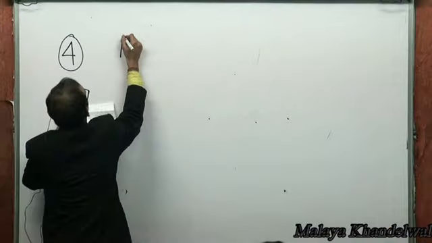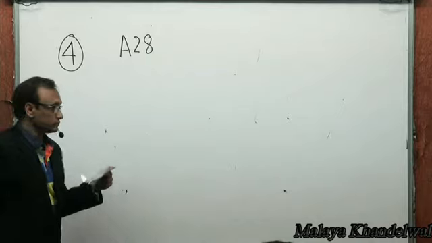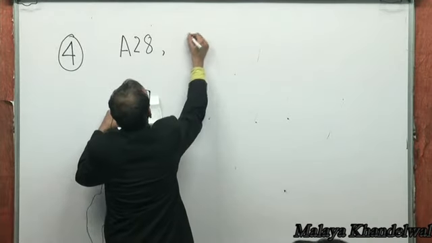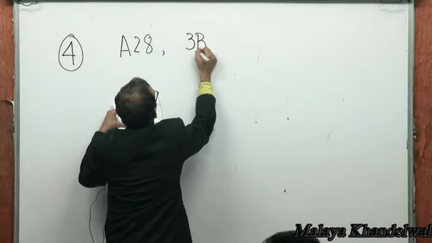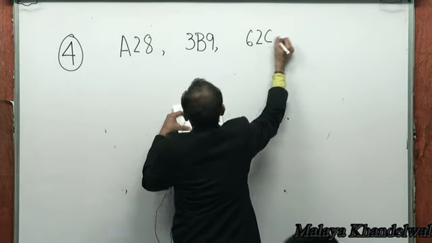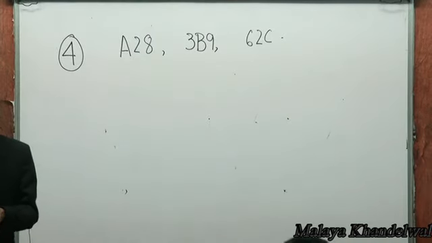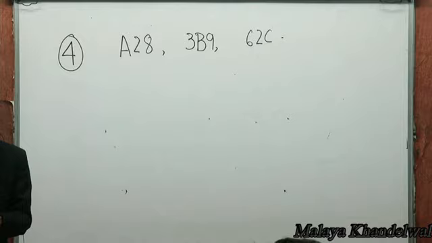Now it's given: A28, a 3-digit number, 3B9, and 62C are 3-digit numbers. A, B, C are integers between 0 and 9 such that these three numbers are divisible by a fixed number k.